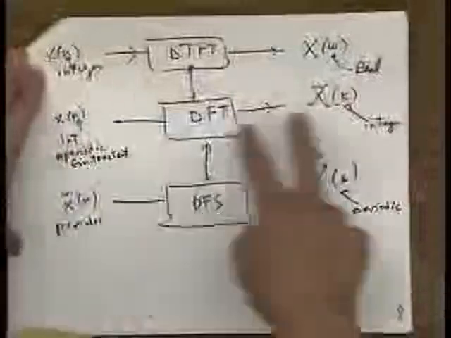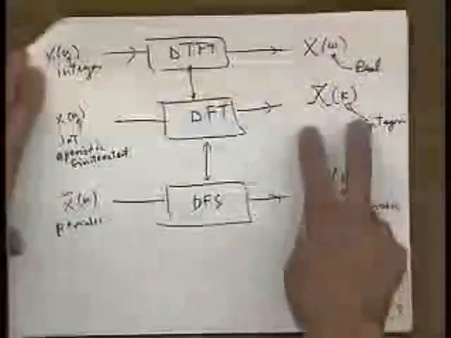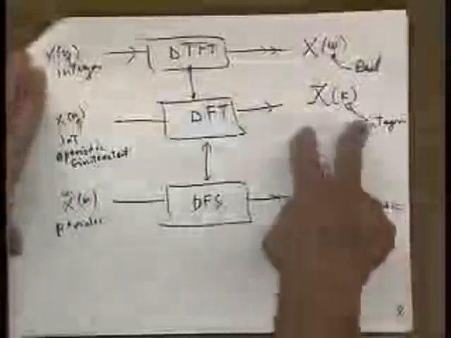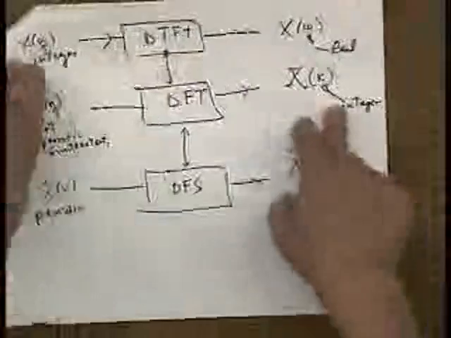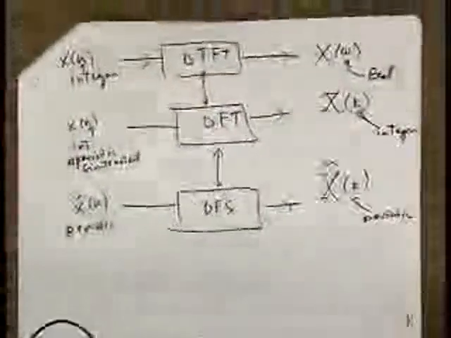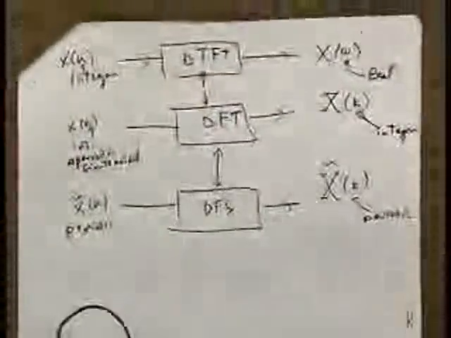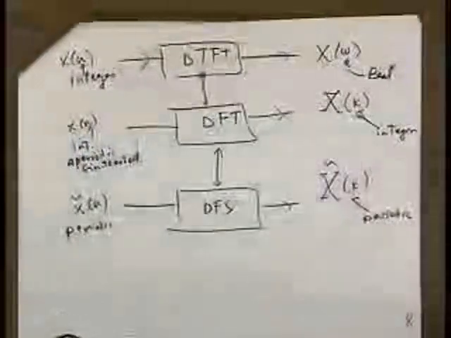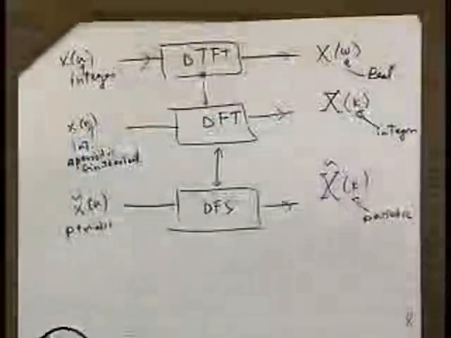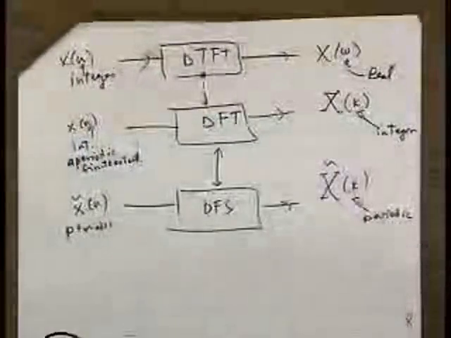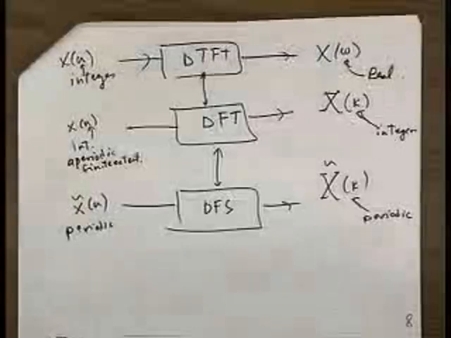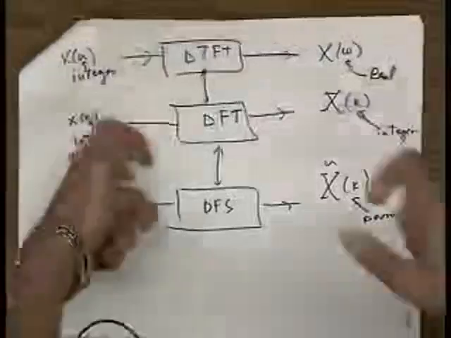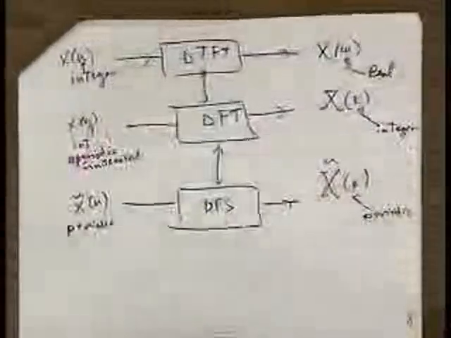If this is N points long, out come N numbers. And one of the things that I talked about quite a bit was that DFT is an important transform because it's the only transform that we ever cover in any of these courses that's computable. It takes an array of numbers as input, an N-point array of numbers, and it produces an array of numbers as output. N-point in, N-point out.